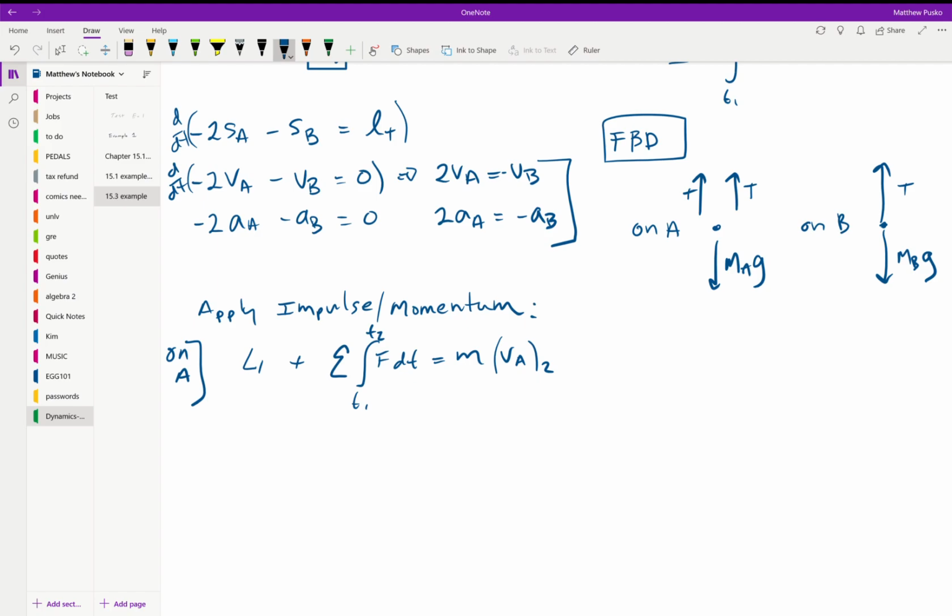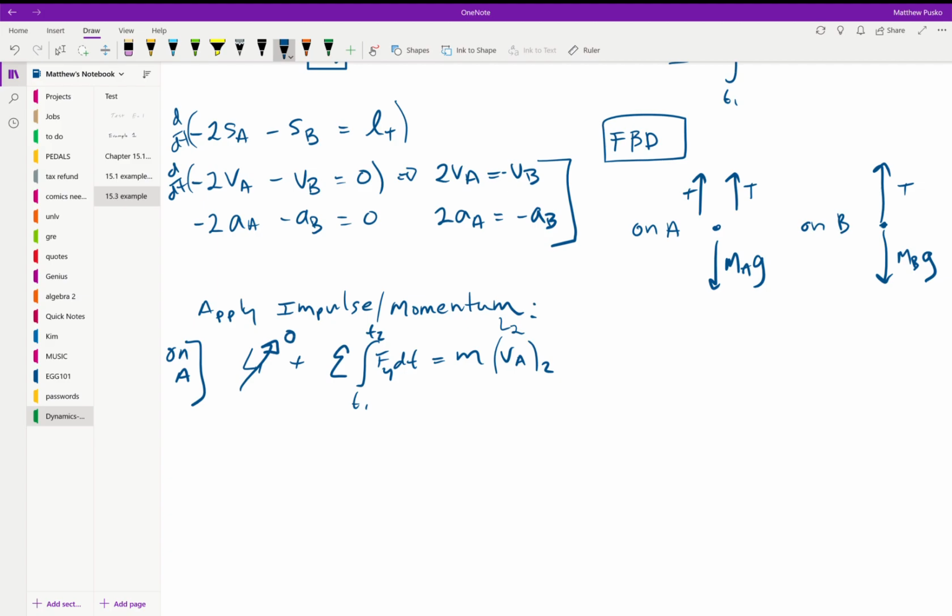And I didn't write the velocity because it started from rest. So I just left it as L1. But we could have called this L2, right? And let's only look in the y direction so we can keep the vector signs off.